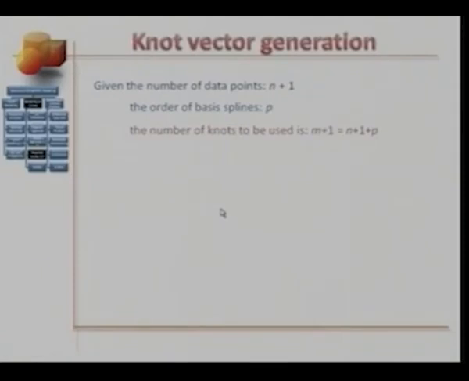You would know very well that the number of knots to be used is given by m plus 1, which has to be equal to n plus 1 plus p, the number of design points plus the order of the B-spline curve. We can use the n plus 1 parameter values ui that we have seen before to find some or all of the m plus 1 knots ti. This is how these parameters are getting related to the knots.